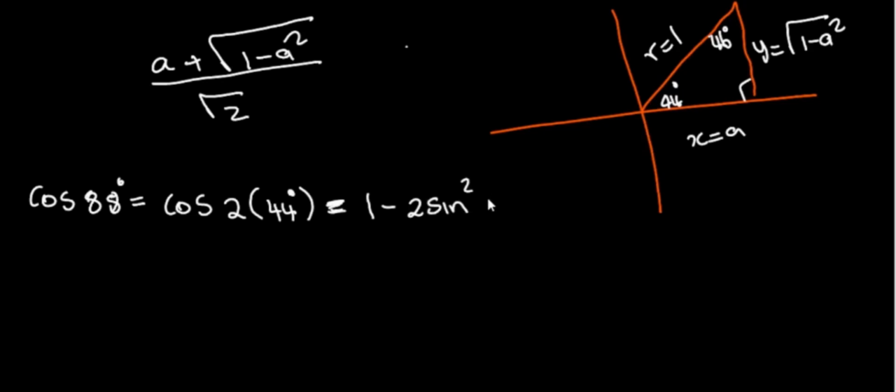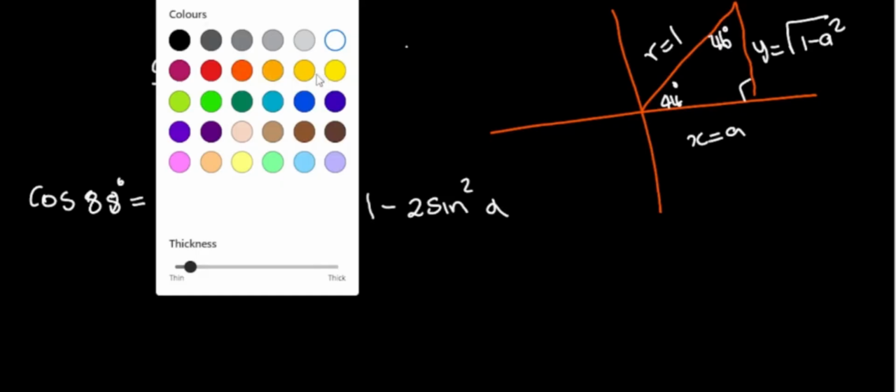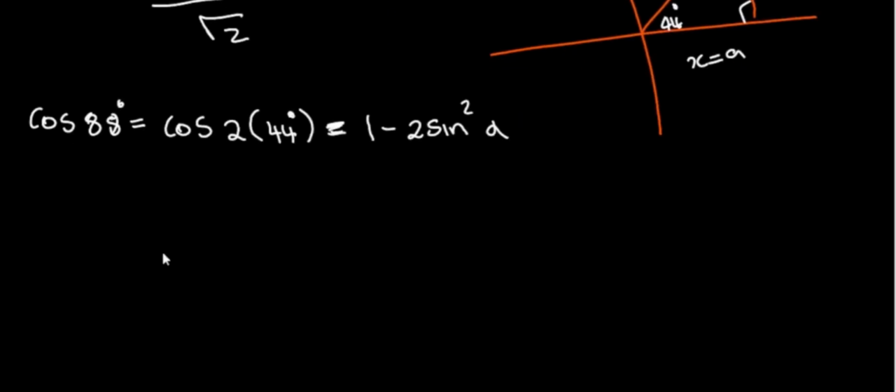You need to be very careful. The sine squared of alpha. So let's talk about this now. If I have the cos 2 alpha, this is equal to 1 minus 2 the sine squared alpha.